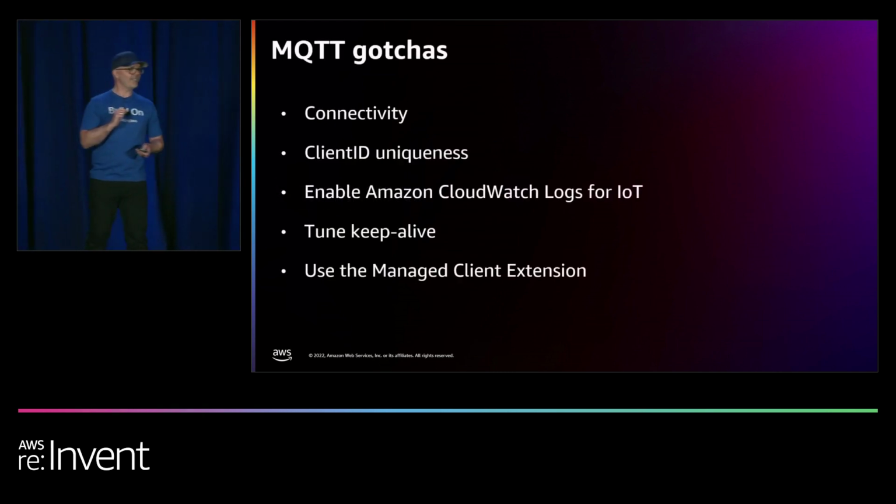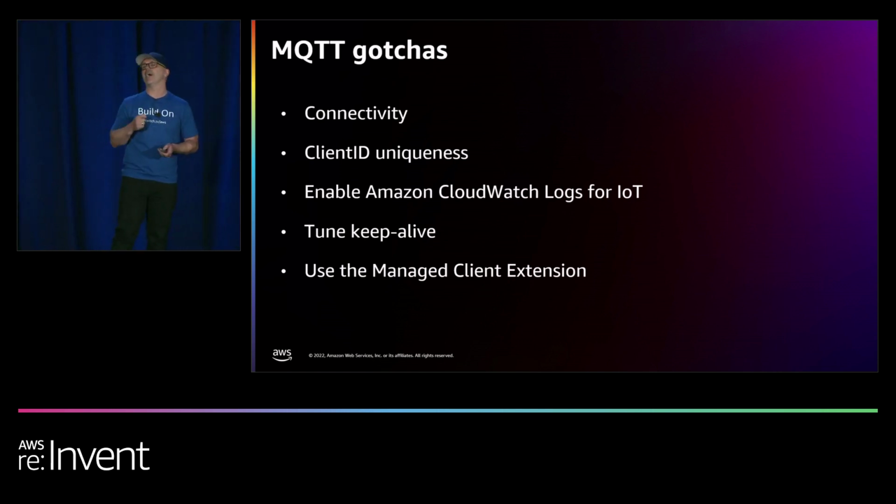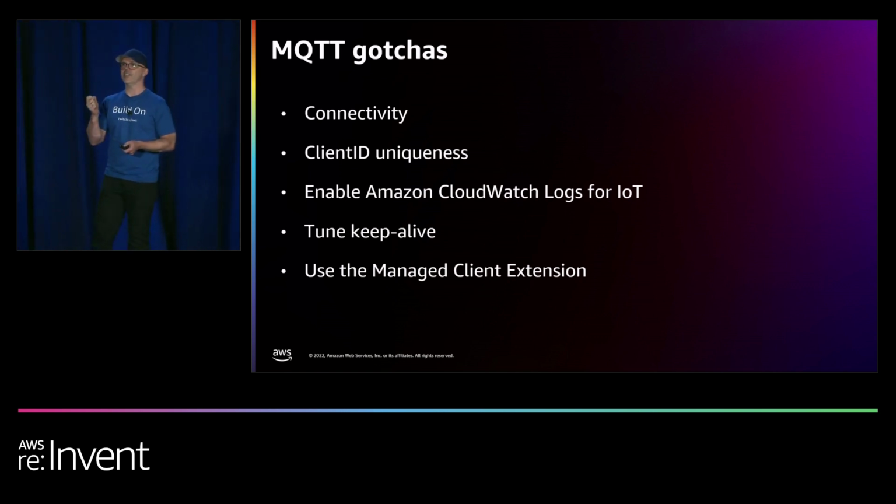So these are the gotchas that I ran into when I was building the connection between the client and IoT core. So first thing I had to figure out was connections and connection strings. So with IoT core, you have to provision clients.